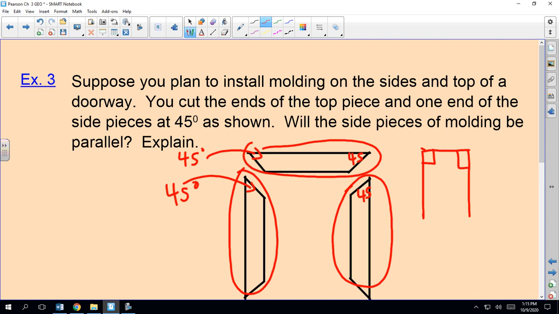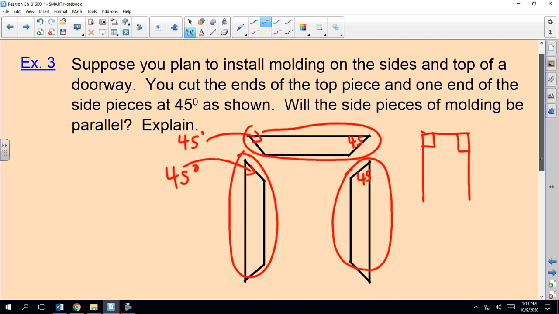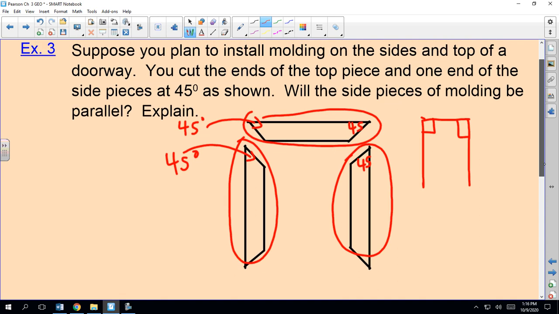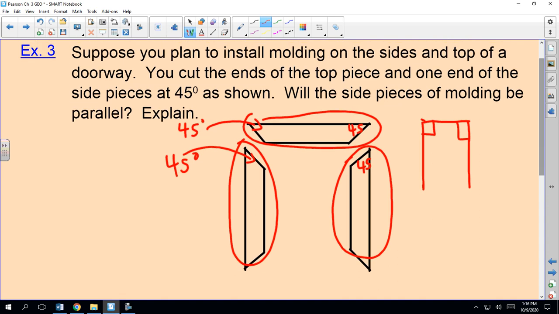So that's an example from construction. Have you ever done baseboards or molding around a door or a window? You kind of use that theorem that has to do with if two lines are perpendicular to the same line, they are parallel to each other.